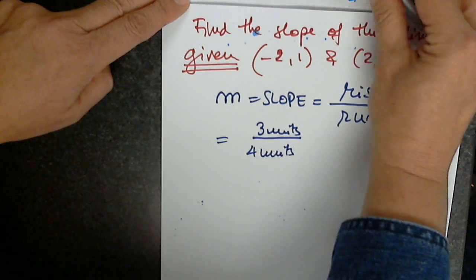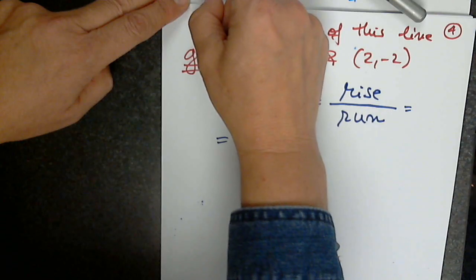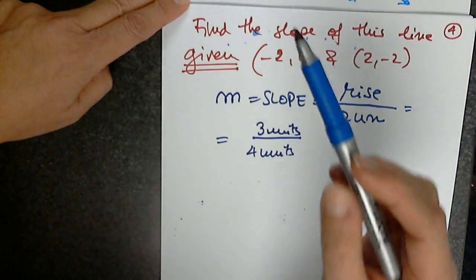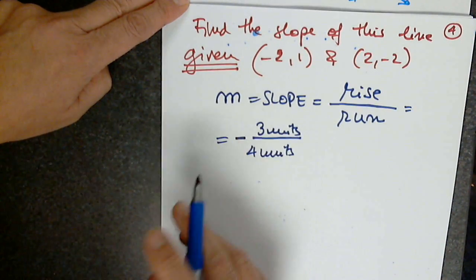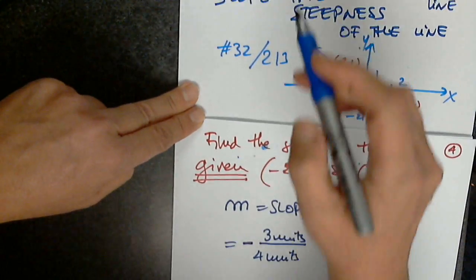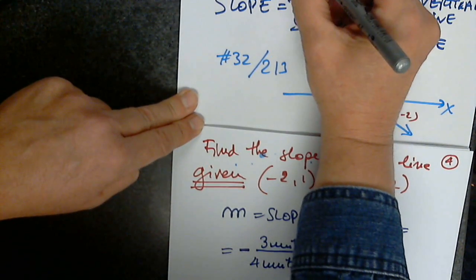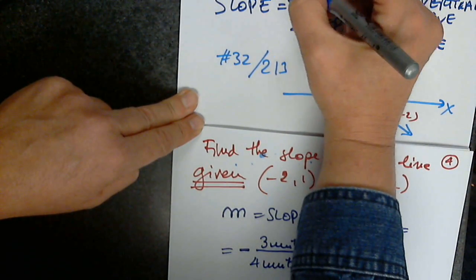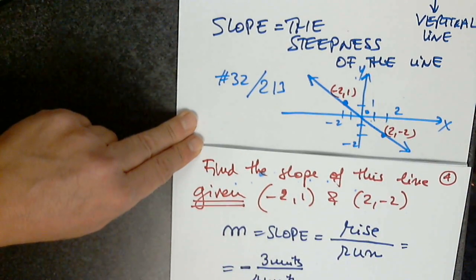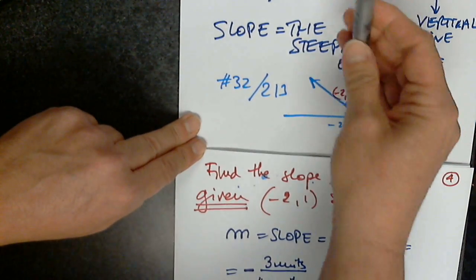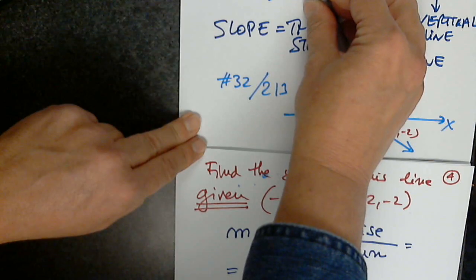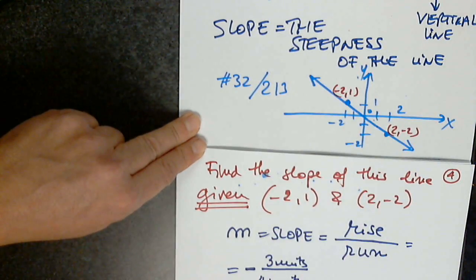All lines that go from positive values to negative values have a negative slope. So this line will have a negative slope. Please put it in. So a line that follows this pattern will have a negative slope.